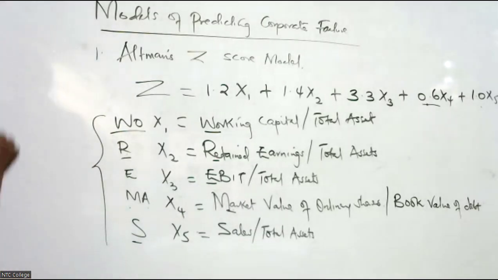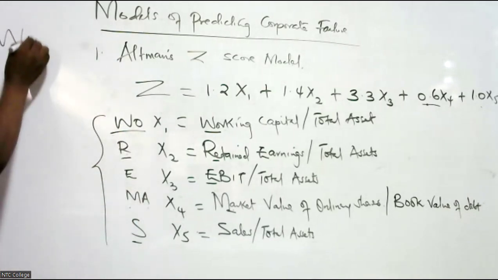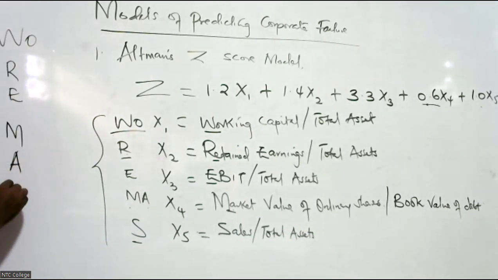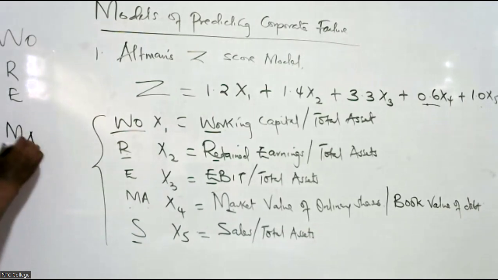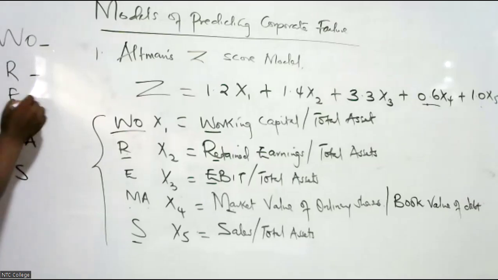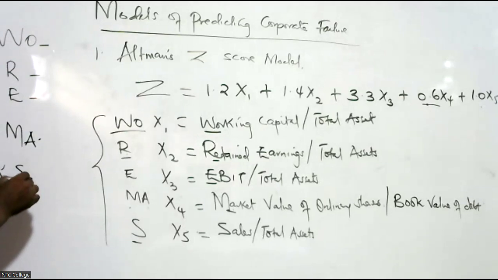So in exam, in case the examiner has not given you, just write Waremas. There are 5, right? So this one is X1, X2, X3, X4, X5. There are only 5. So this one is working capital, retained earnings, EBIT, market value of ordinary shares, then sales.